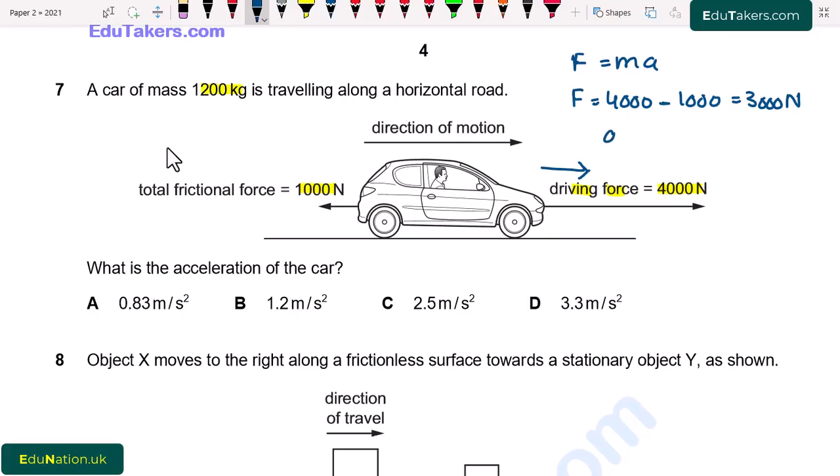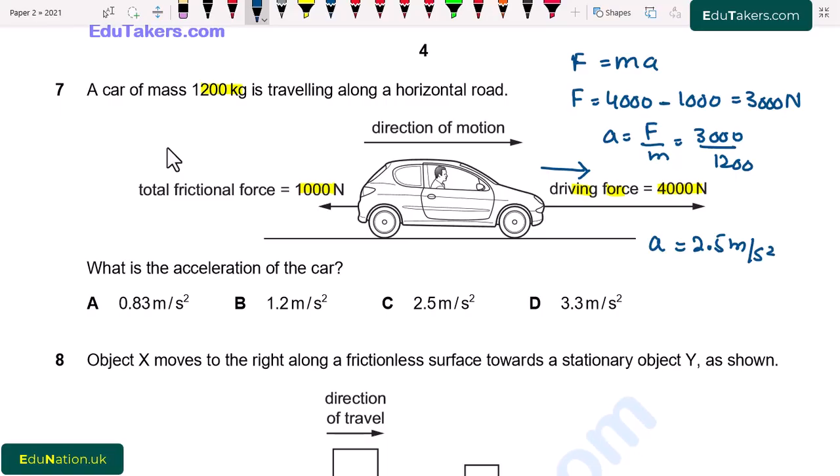Now I use this value of force and find out the value of acceleration. So A is equal to F over M, 3000 divided by the mass, which is 1200. So the value of acceleration will be equal to 2.5 meter per second square.